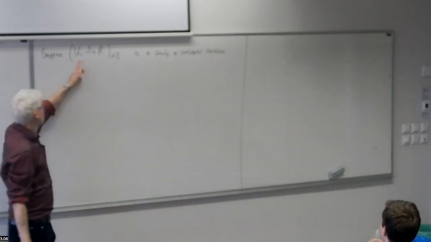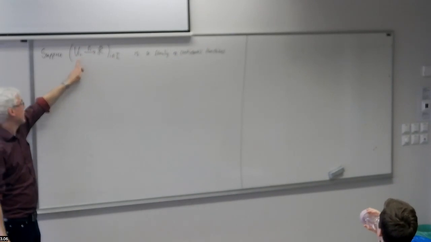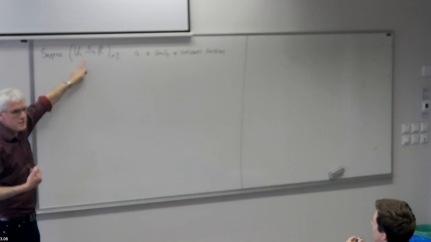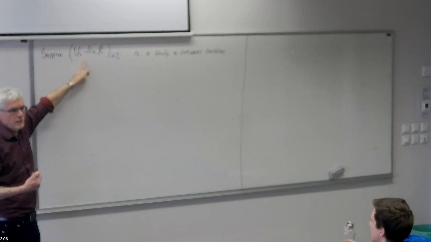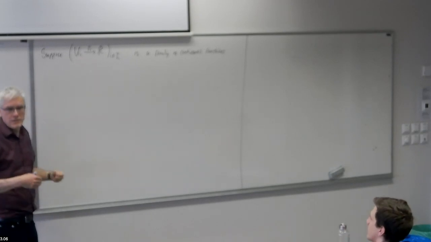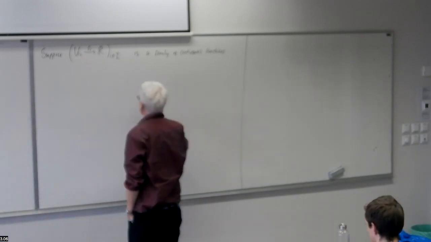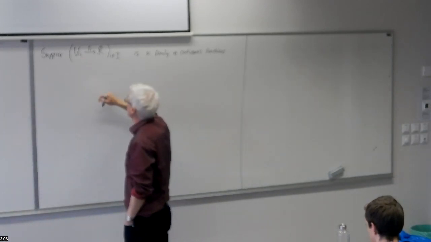Well, all these U sub i's are open. I'm not going to write that down, but I'm going to use U as the notation for open sets. And suppose these continuous functions agree whenever two of their domains overlap. So if you've got any intersecting domains, then they agree on the intersection.